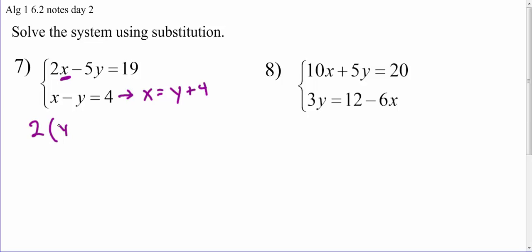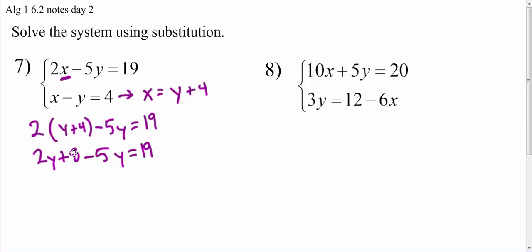So I'll have 2 times (y plus 4) minus 5y equals 19. So again, I rewrote the first equation, but instead of x, I found what x was equivalent to, which is y plus 4. So I'm going to go ahead and distribute: 2y plus 8 minus 5y equals 19.